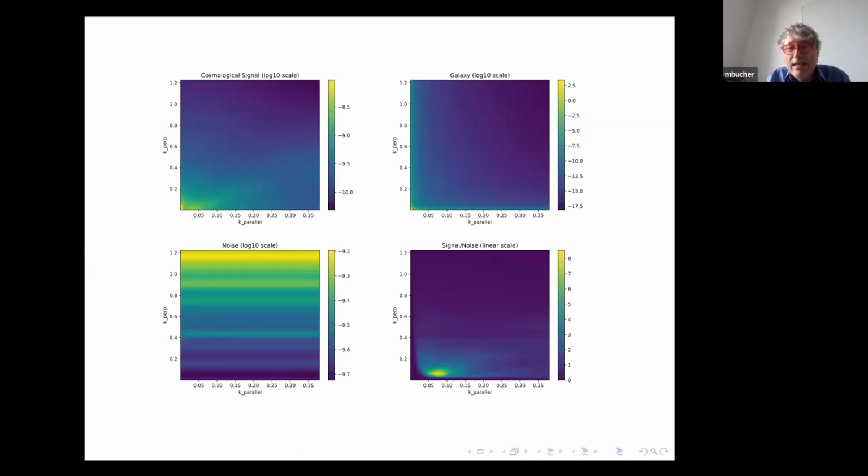But you can make a figure of merit in this way that gives you an idea of what is a good beam and what is a not so good beam, at least for doing intensity mapping. So this is just a quick and dirty figure of merit.